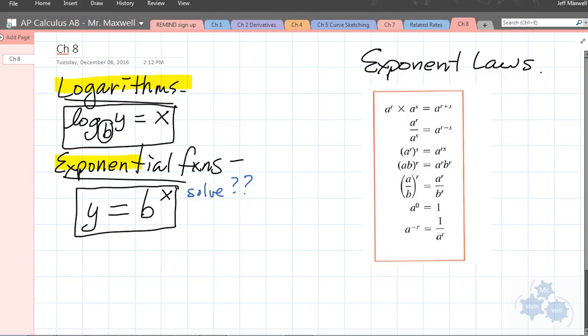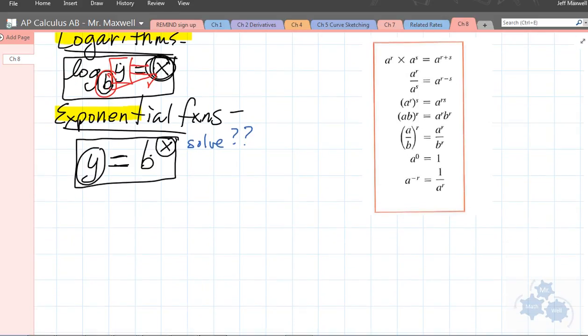And the base is taken to some power here to give you y. So the base to some power gives you y. That's how I kind of like reading it. The base to this power equals y. Okay? Or y is this base to this power.